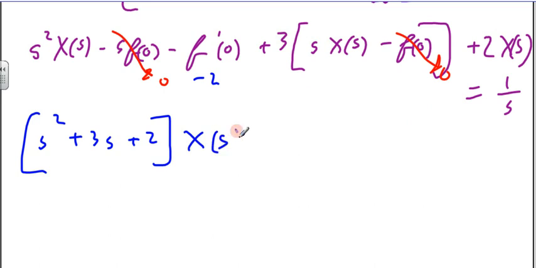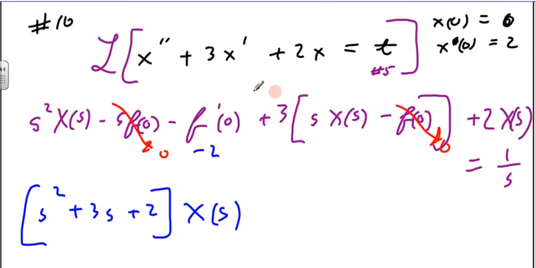Now that I'm looking at that, s squared plus 3s plus 2, what is the characteristic equation for that guy from chapter 3? M squared plus 3m plus 2. Interesting. Anyway, back to what we're doing, is equal to 1 over s plus 2.